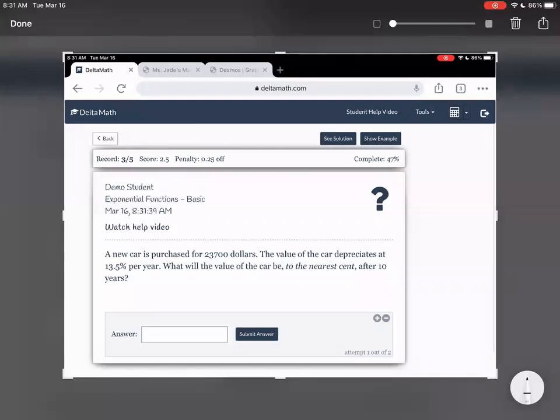This is a new car purchased. So let's read it. A new car is purchased for $23,700. The value of the car depreciates, so that means it's decreasing, at 13.5% per year. What will the value of the car be to the nearest cent after 10 years?